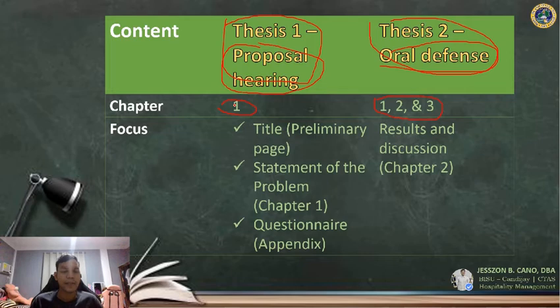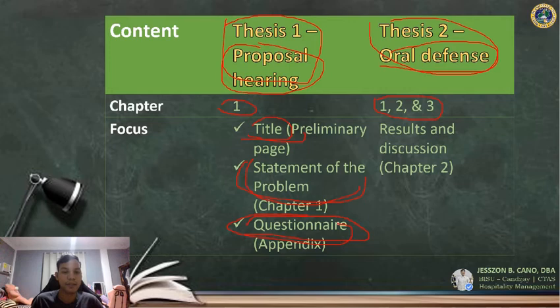Now, as a recap or suggestion, the panel members will focus more on the title, the statement of the problem or SOP, and the questionnaire. Okay, there are a lot of parts or sections in chapter 1, but I will give you advice to focus more on the title, the statement of the problem, and the questionnaire.